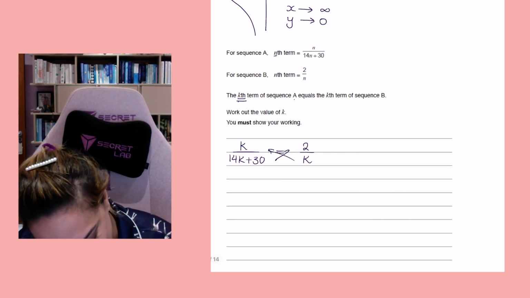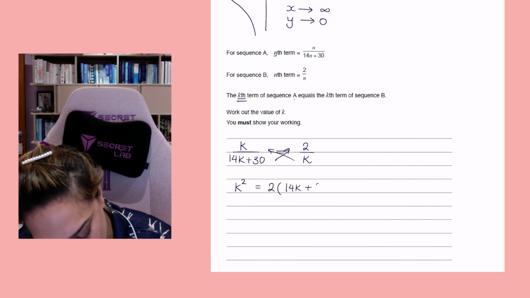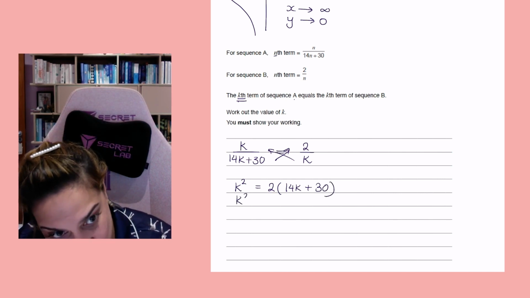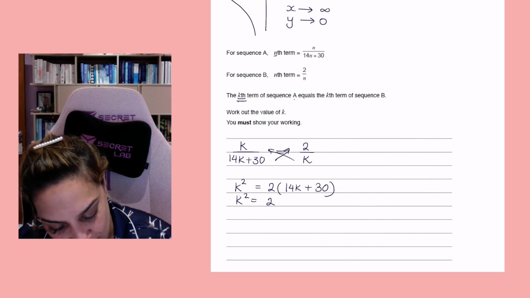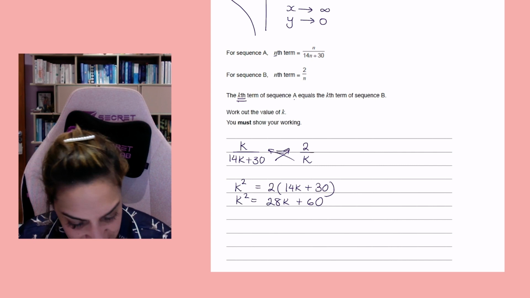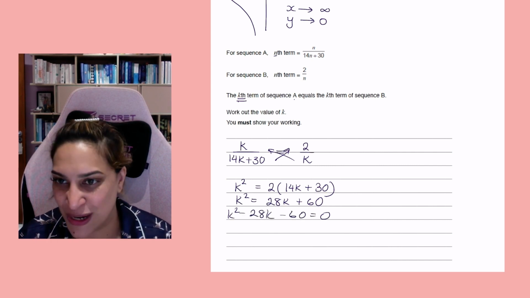So that gets multiplied by that. So you get k squared equals 2 times 14k plus 30. Open it all out. We get k squared equals 28k plus 60. Move everything onto one side. And we have a quadratic.